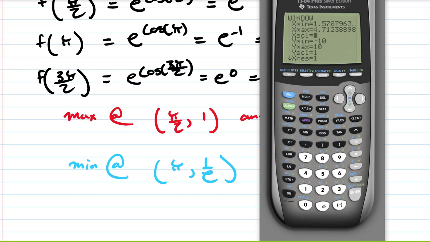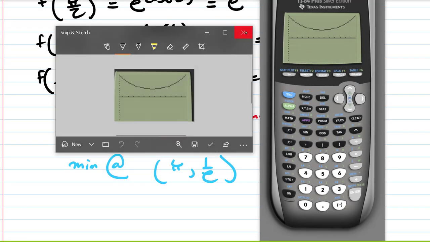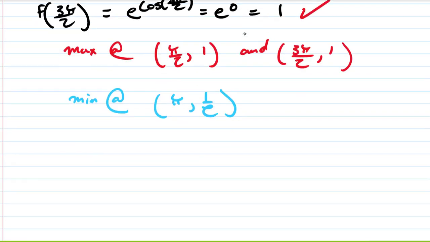Let's scale in 0.25s, and then let's make our min -1, our max +1, and our scale 0.1. So if we graph, we get something that looks like this, and it corresponds to the values that we just talked about.